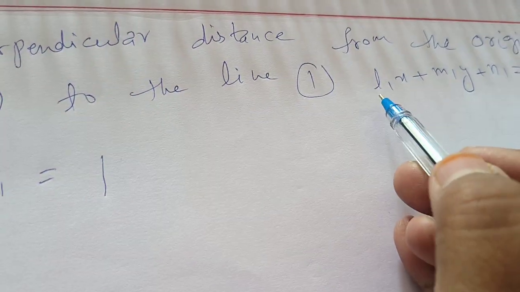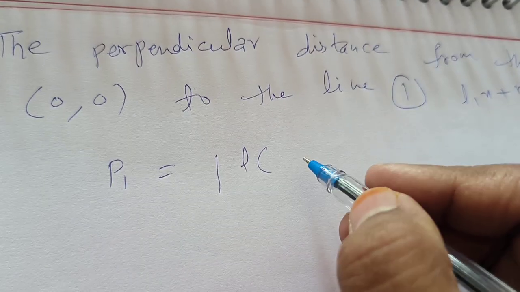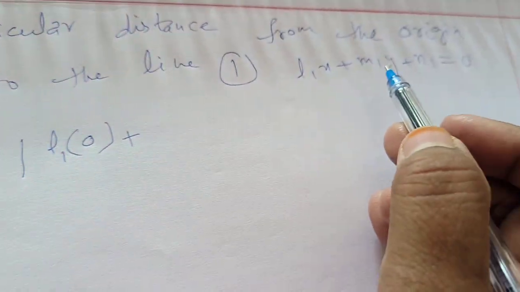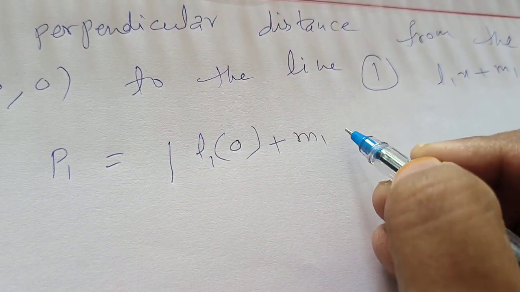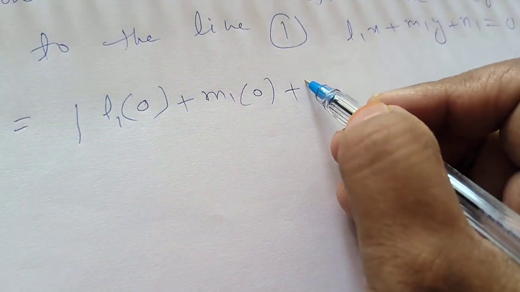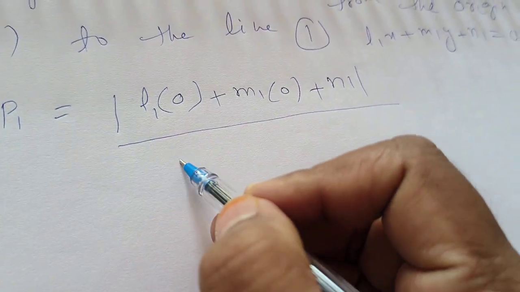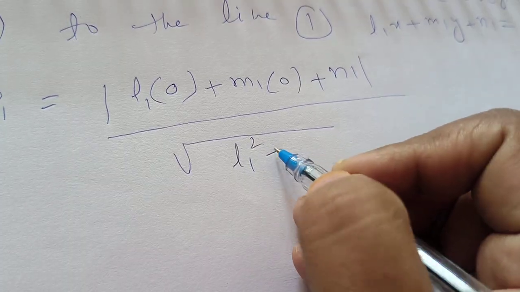P1 is equal to, here we have L1 into 0 plus M1 into 0 plus N1, divided by under root L1 square plus M1 square.